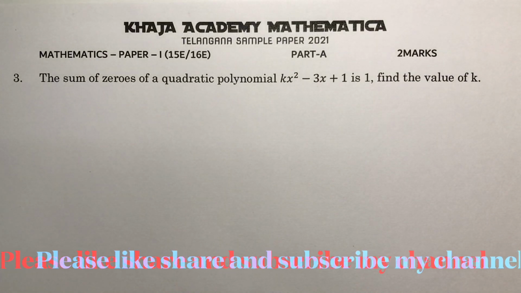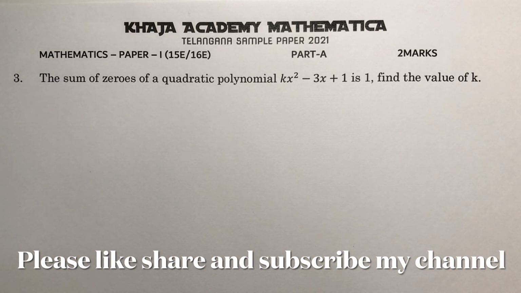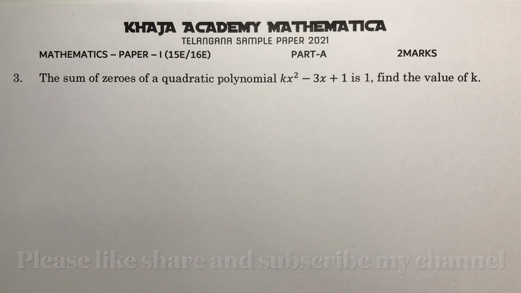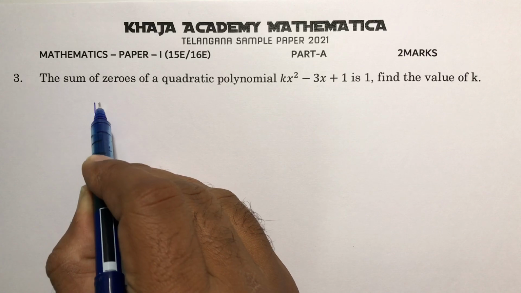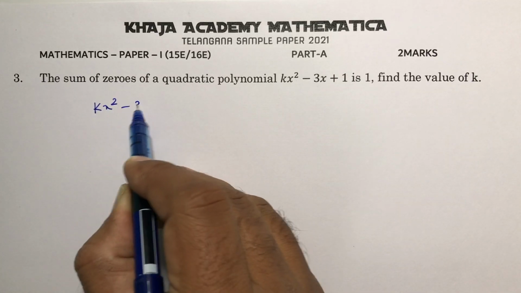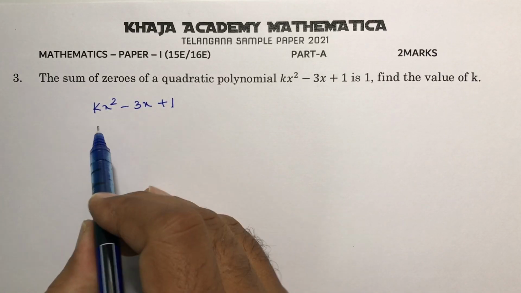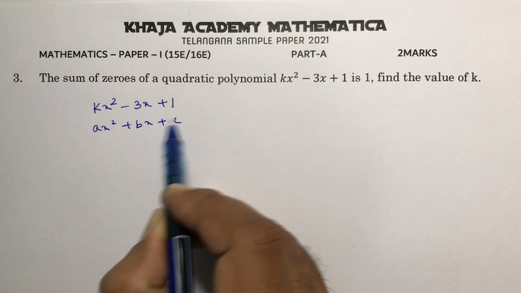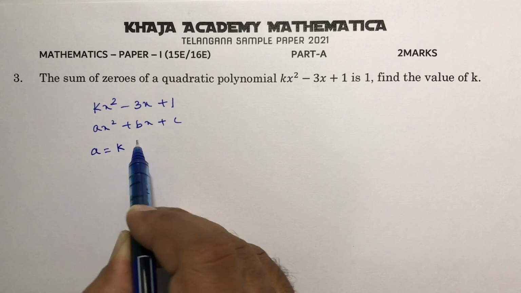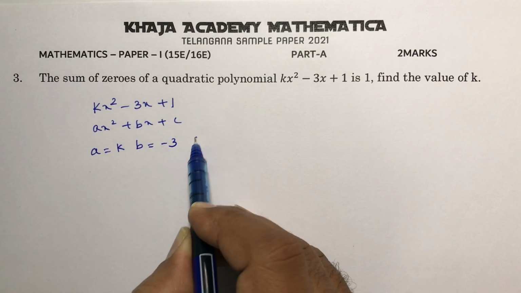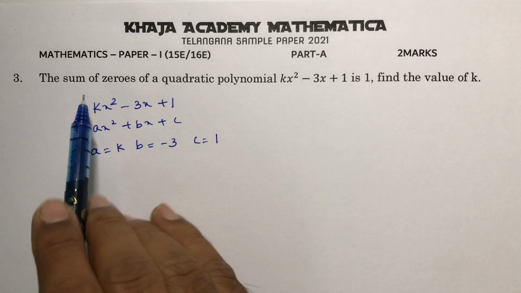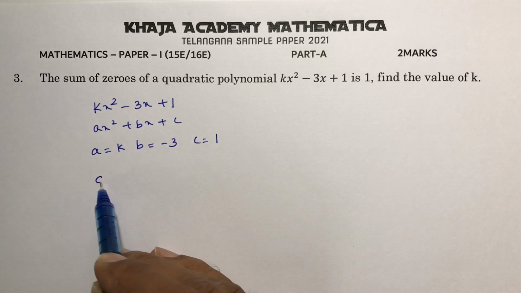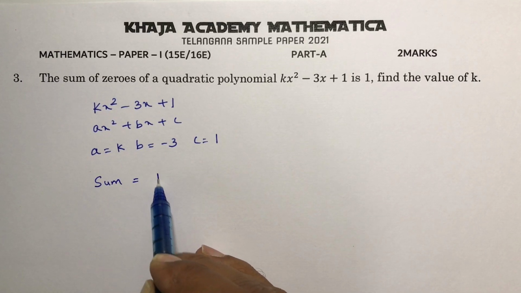The sum of the zeros of a quadratic polynomial kx square minus 3x plus 1 is 1. So here the quadratic polynomial is kx square minus 3x plus 1. If I compare with the standard one, ax square plus bx plus c, a value is k, b is minus 3, c is 1. They gave the sum of the zeros. Sum of the zeros is 1.